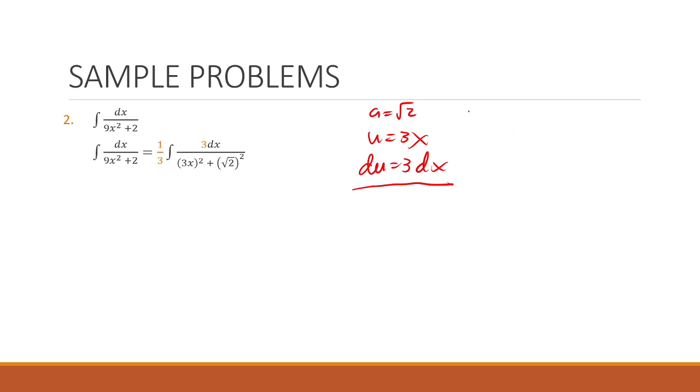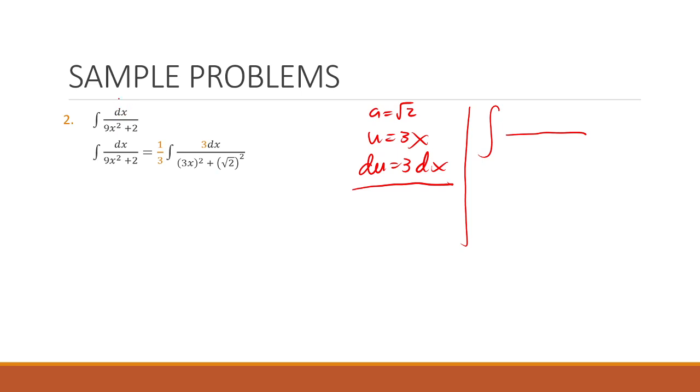Or, if you're not comfortable with this type of method of applying u sub or carrying out the integration, then we can replace everything in terms of u and in terms of a so that we can clearly see na it is integrable using, in this case, arctangent. Okay? So, if we explicitly express the original integral in terms of u and a, then initially we have dx in the numerator.